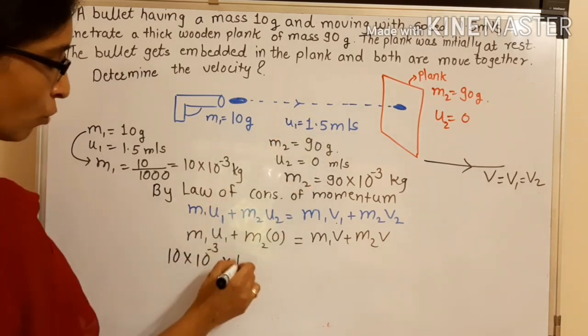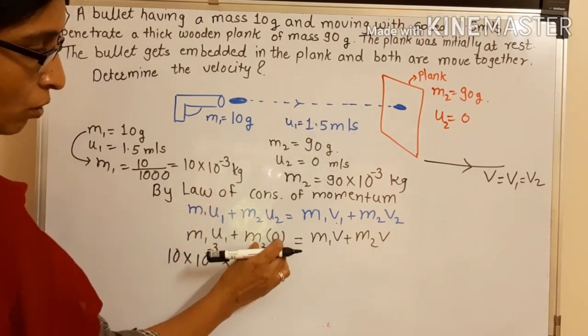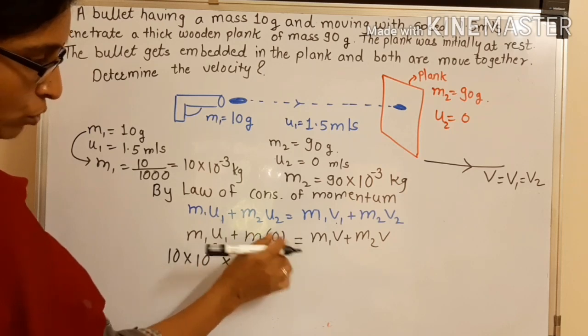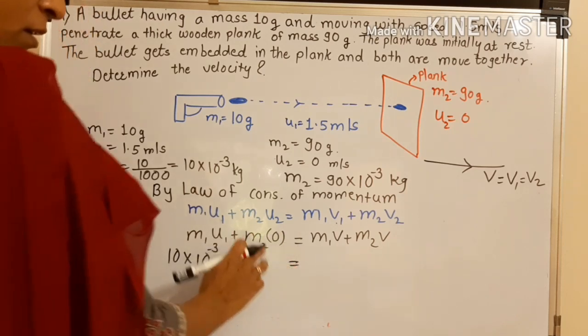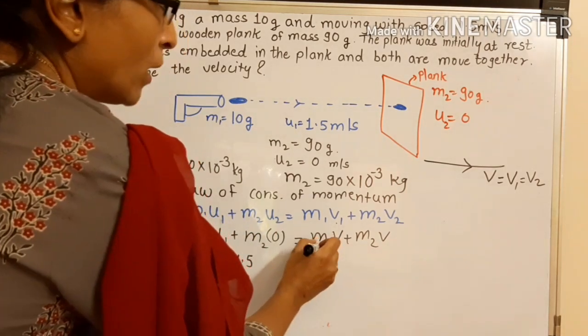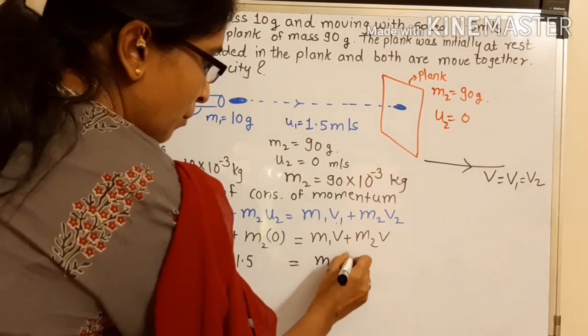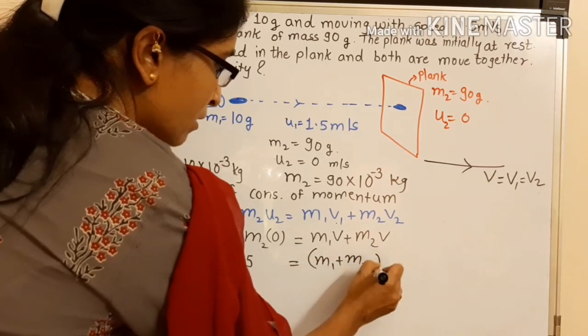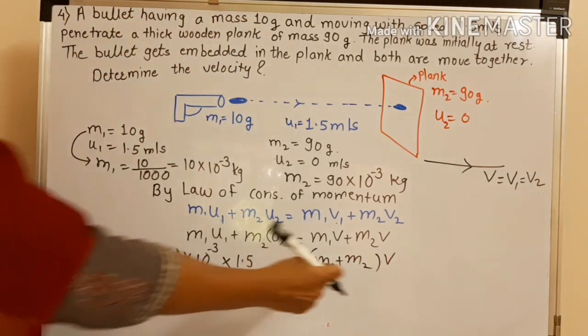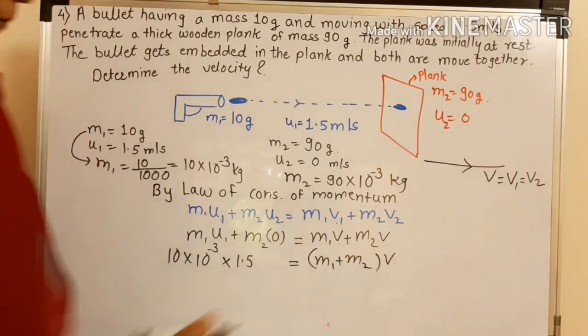What is U1? 1.5. This is 0, so M2 into 0 is 0. I take V common, so M1 plus M2.